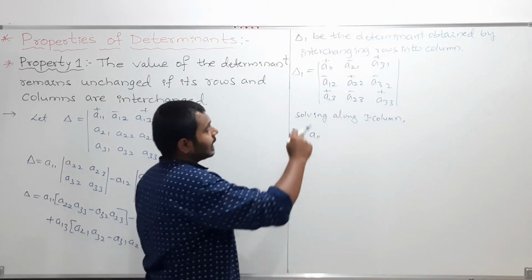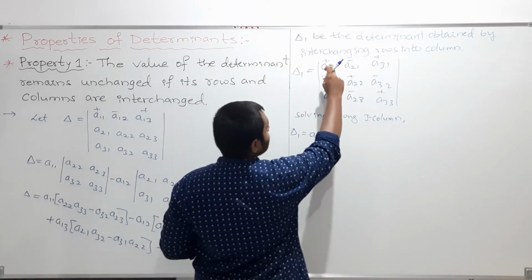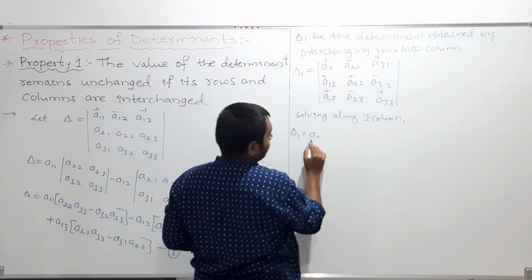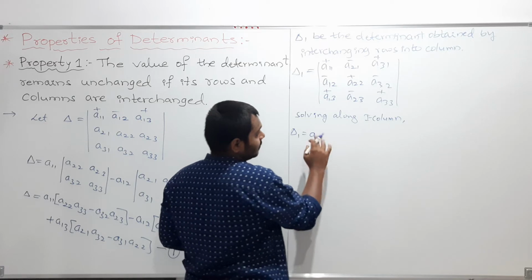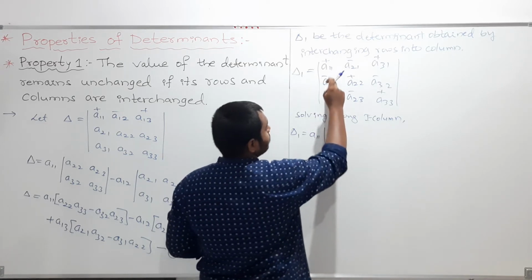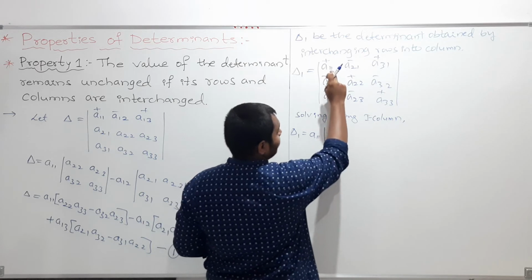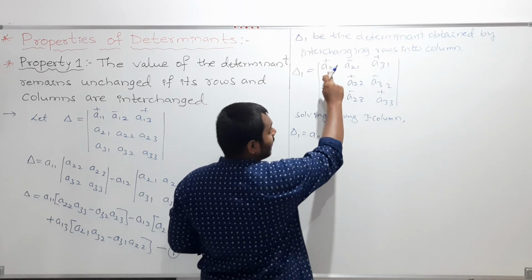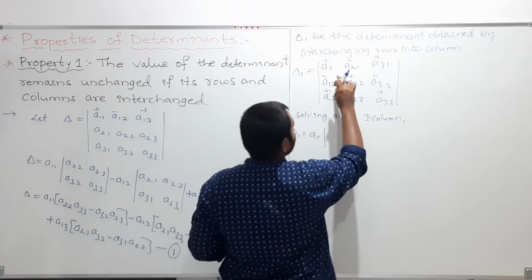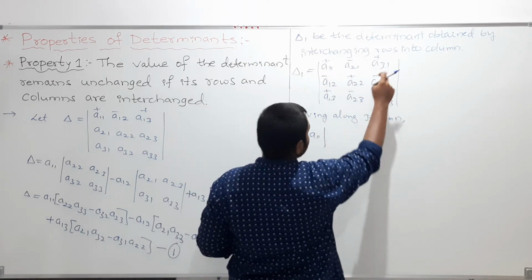Now I am solving column wise. So first, plus A11 into, again plus; I am not writing the plus because it is understood, A11 into the determinant. The row and the column containing the element A11 we should leave. So I am leaving this column and this row.